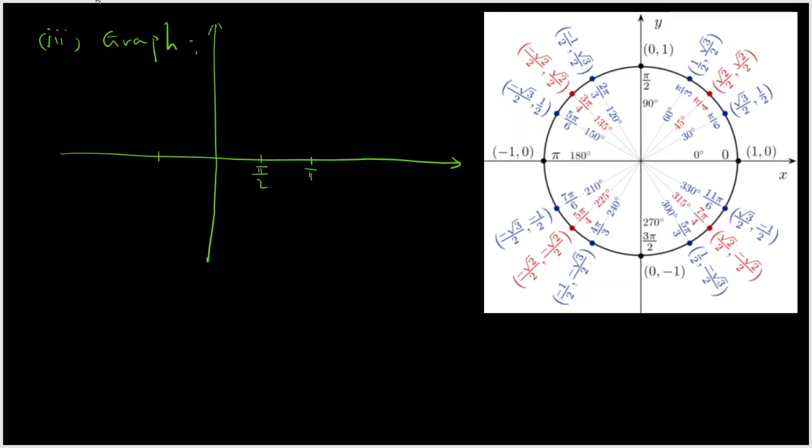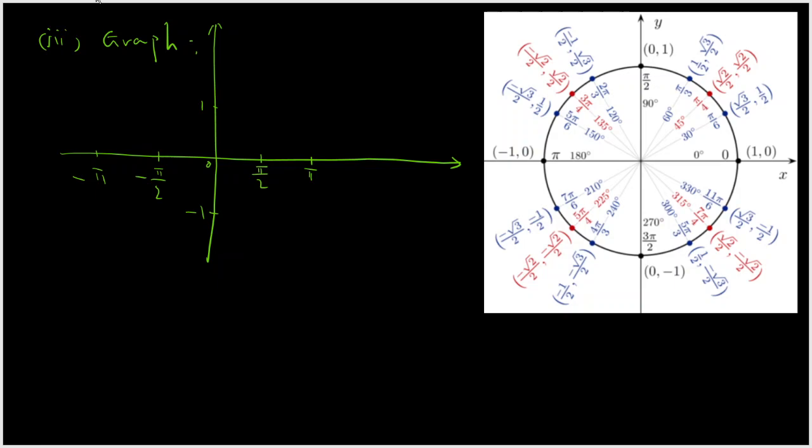On this side you have negative half pi here. You have negative pi here. So of course everything is in multiples of pi on the horizontal axis. The origin is here. You have 1 here. You have -1 here.